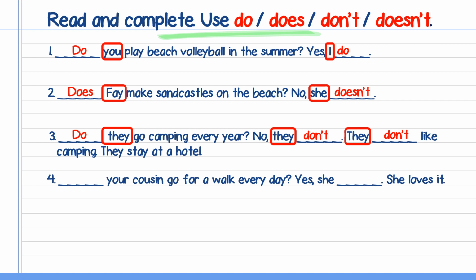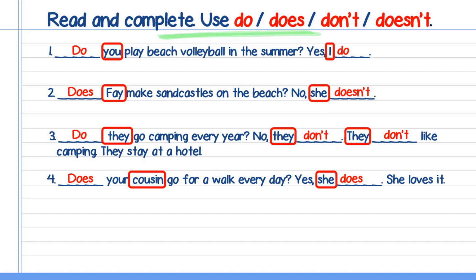Okay, question number 4. Your cousin go for a walk every day? Yes, she. She loves it. Okay, the keyword here is cousin. Cousin is a singular subject, so we use does. Does your cousin go for a walk every day? The second keyword is she. So the answer is yes, she does.